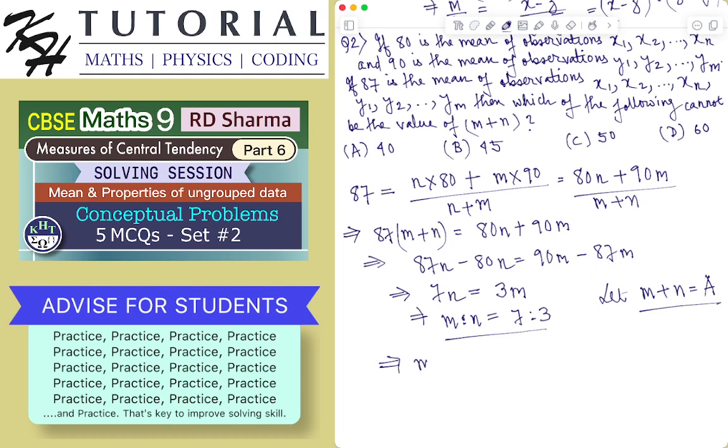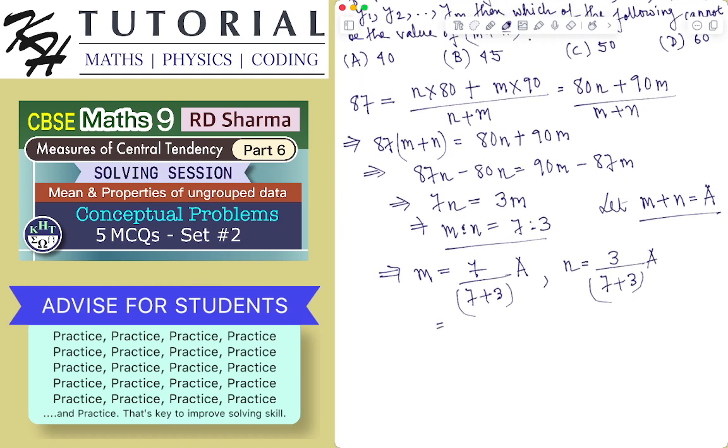So small m will be equal to 7 by (7 plus 3), this whole multiplied by a, and small n will be 3 by (7 plus 3), whole multiplied by a. So m is equal to 7a by 10 and small n is equal to 3a by 10.